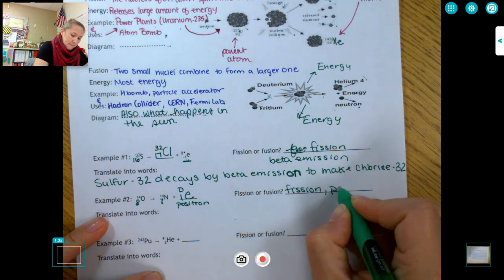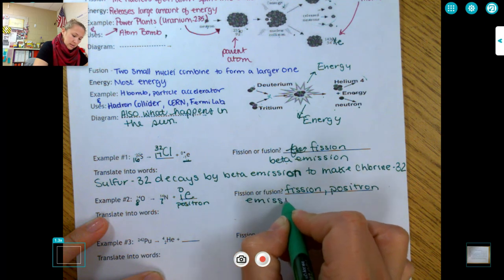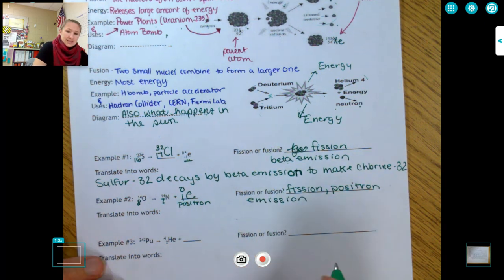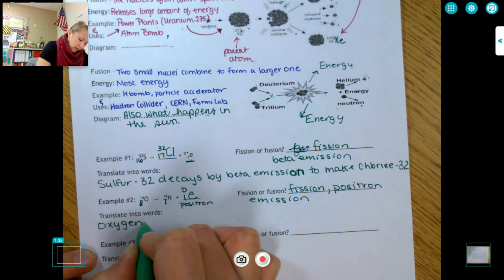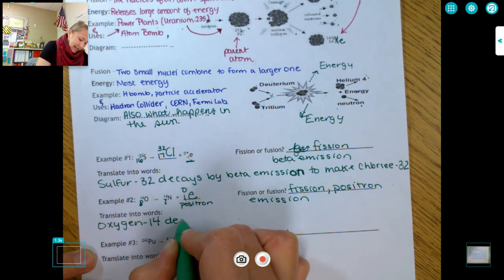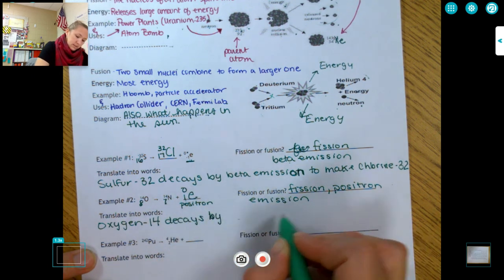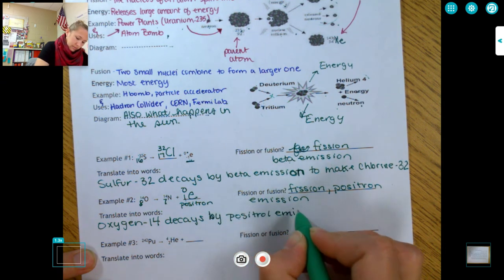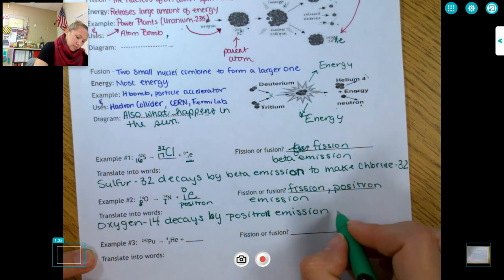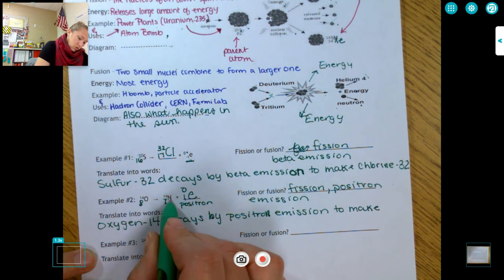Specifically, it is positron emission. And if we were to write this as a sentence, we would say that oxygen 14 decays by positron emission to make nitrogen 14.